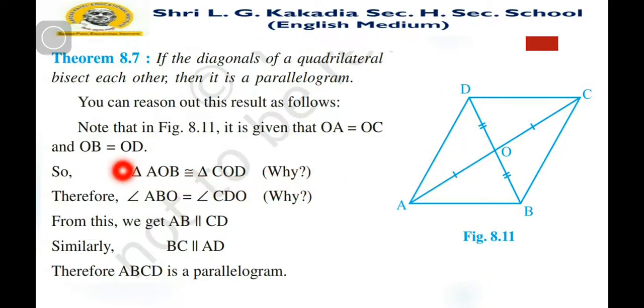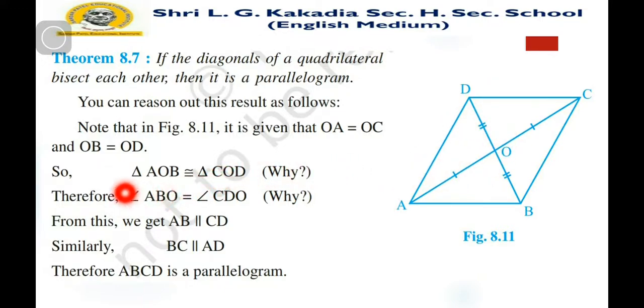Now you can see triangle AOB and triangle COD. We just want to prove that DC and AB are equal, and then it is a parallelogram.